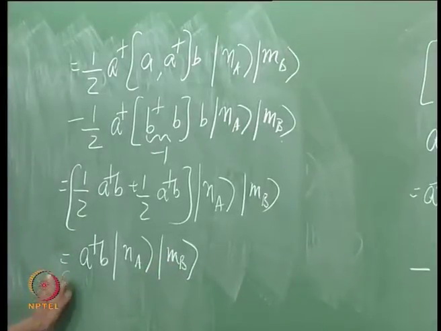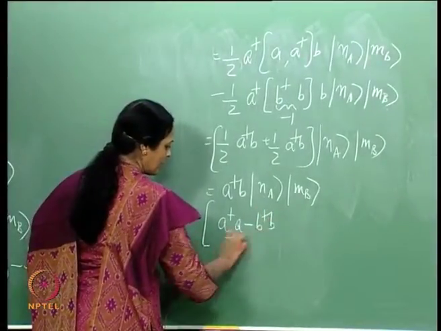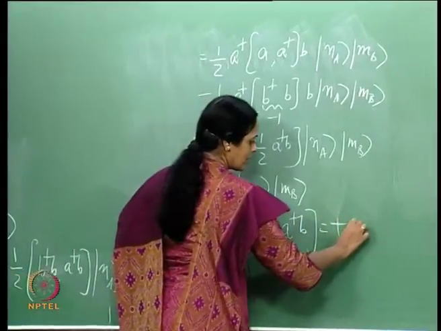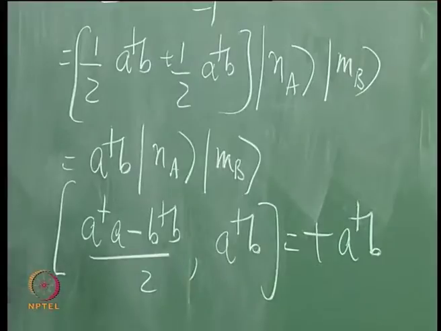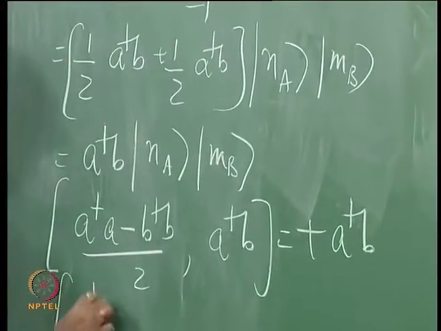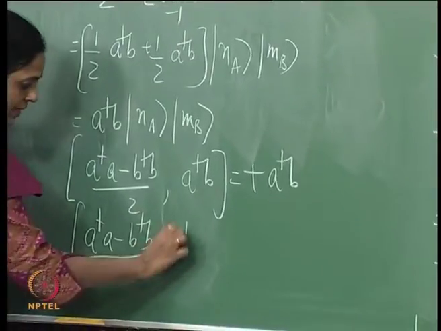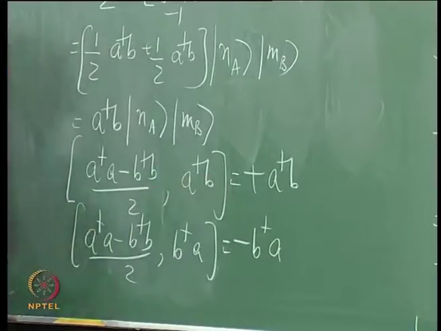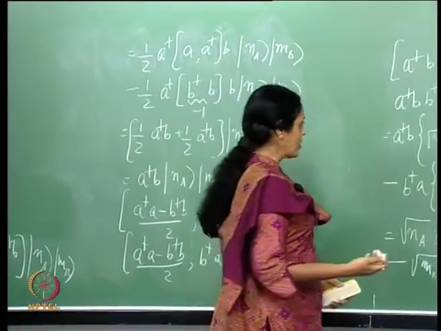In other words, I have shown that the commutator of (A dagger A minus B dagger B) by 2 with A dagger B is plus A dagger B. In a similar vein, we can find the commutator of (A dagger A minus B dagger B) by 2 with B dagger A and check that this is minus B dagger A. I have therefore got the SU2 algebra.